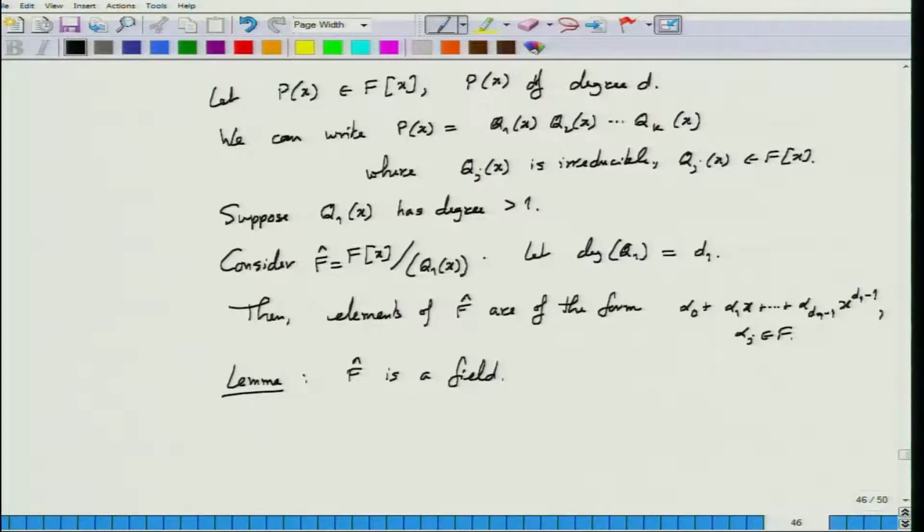Q1(x) is irreducible, by the factorization. It follows because the ideal generated by Q1 is a maximal ideal.